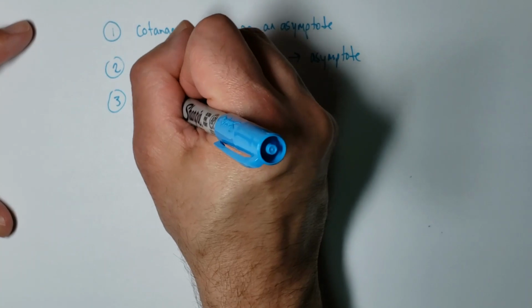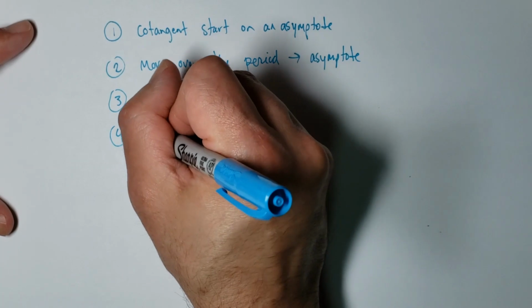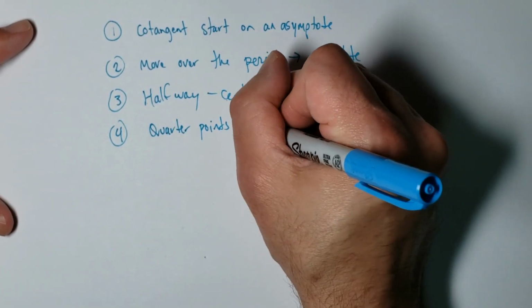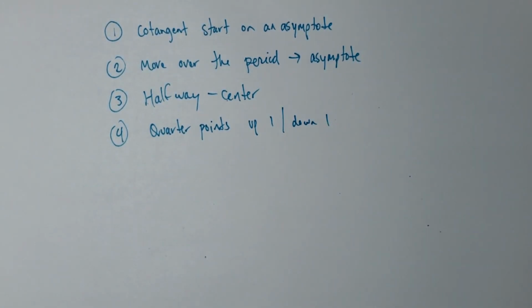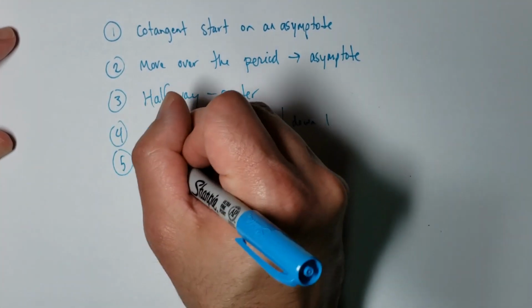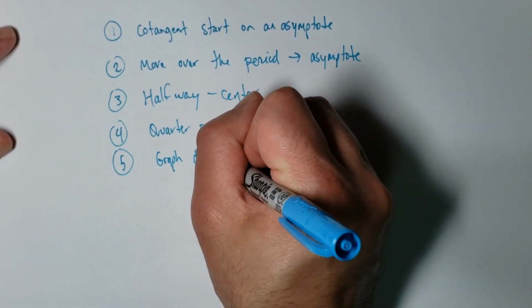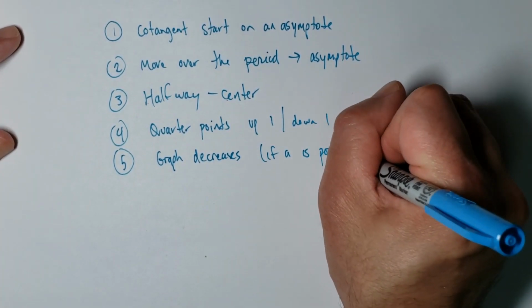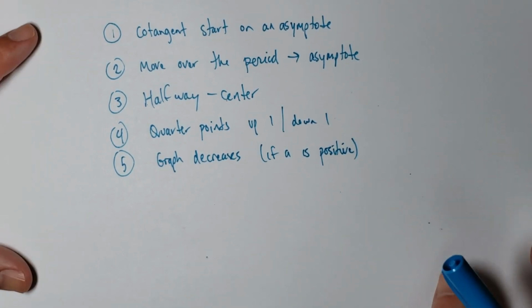Halfway in the middle, it's a center point, and the quarter way points go up one, down one, and it starts in the negative direction, it decreases, as long as A is positive. Okay, so that is how you go about graphing cotangent.